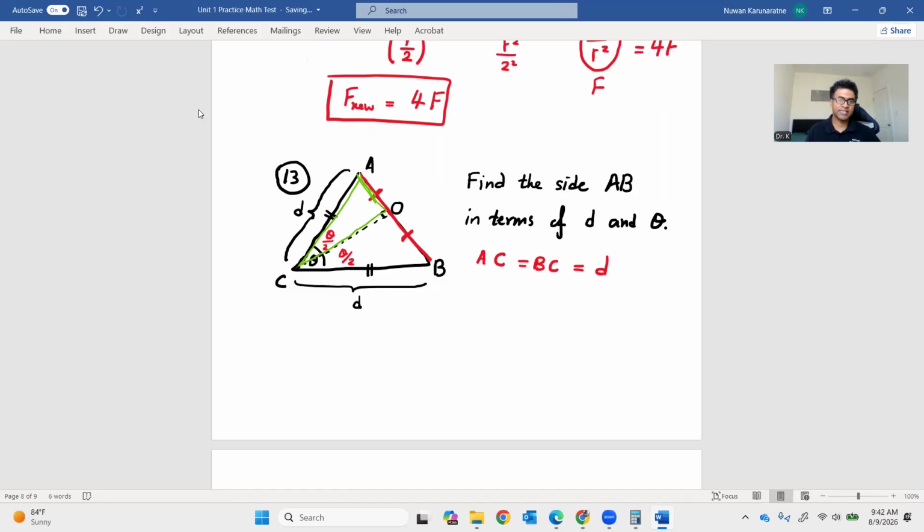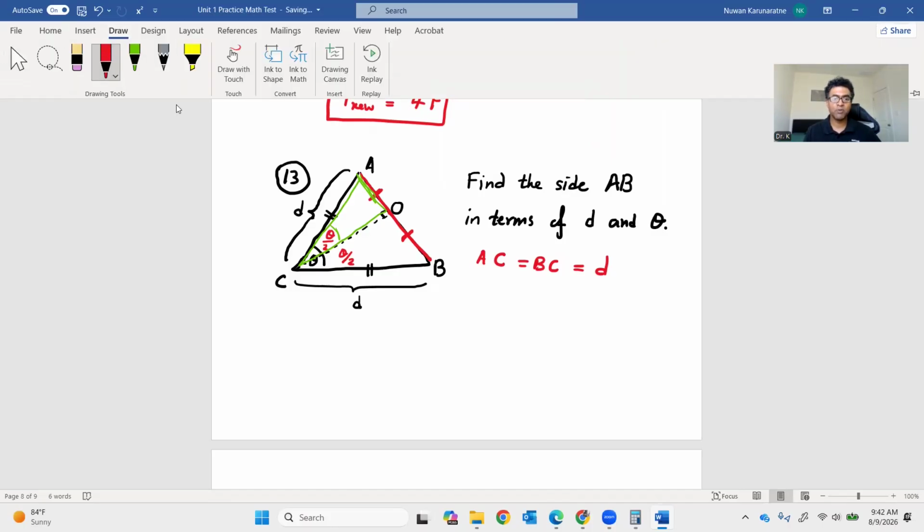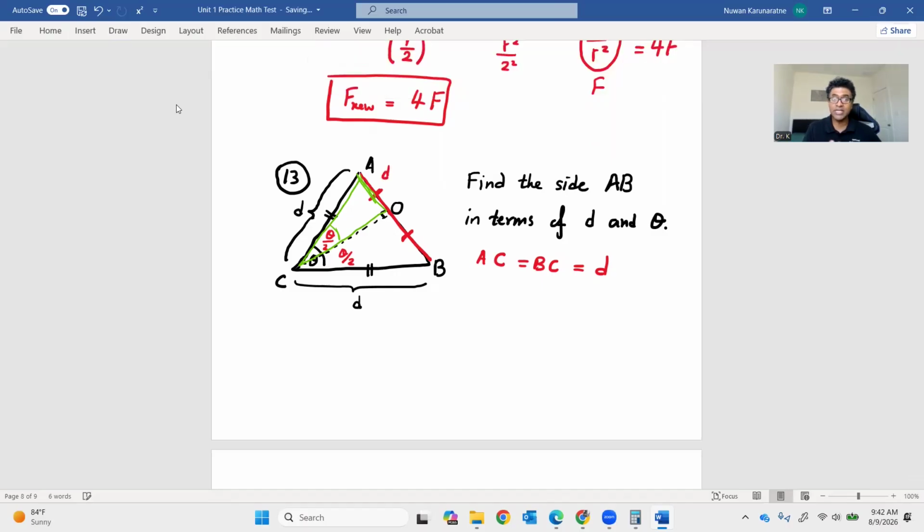If you look at the right angle triangle, there's an angle and AO is the opposite side, and we know the hypotenuse D. So it should be clear to you that this AO side is going to be D sine theta over 2. Similarly, OB is D sine theta over 2.